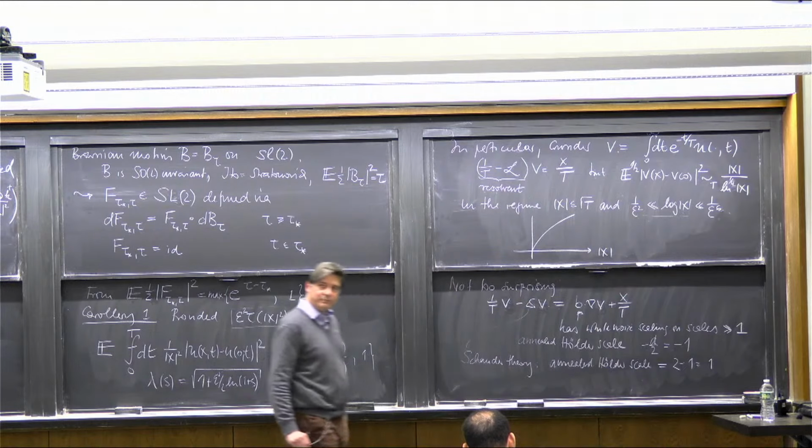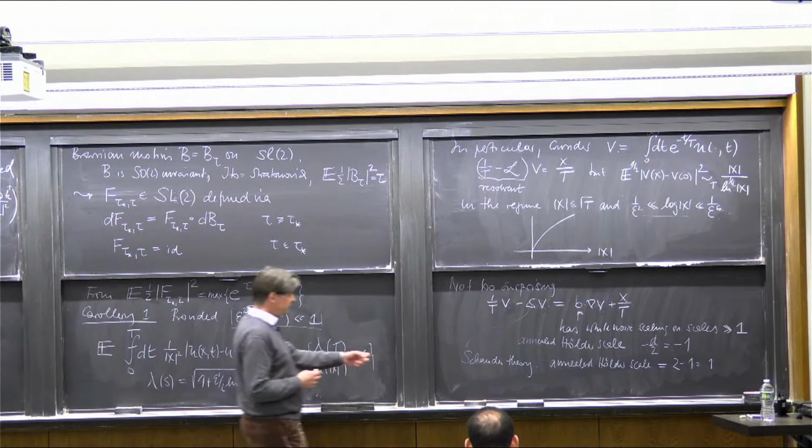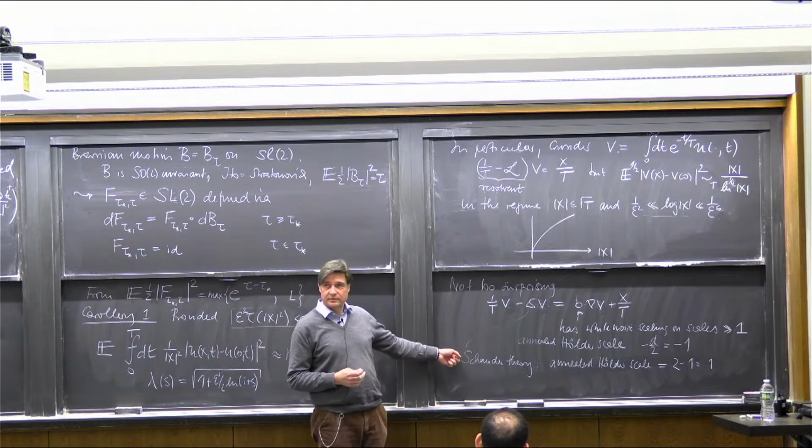So a naive application of Schauder theory would tell us it should be Lipschitz. But of course PDE people know that Schauder theory does not apply in the integer cases.